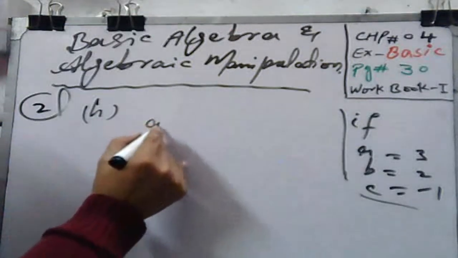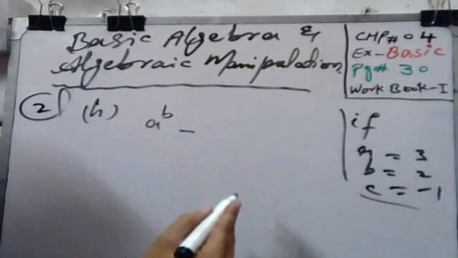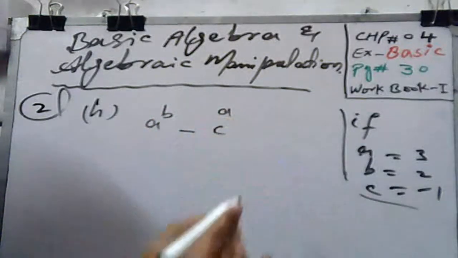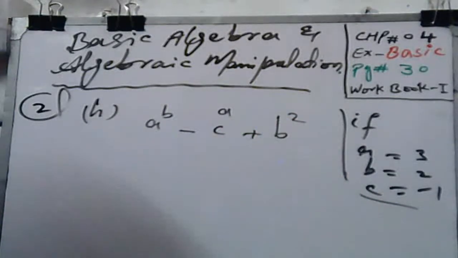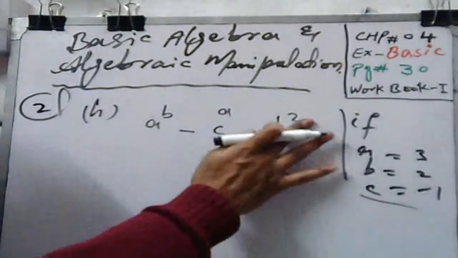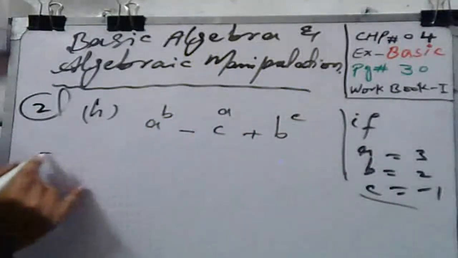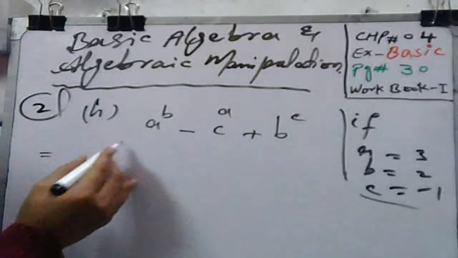So you can say that the b power c. Okay, putting the values, the a is 3 and having power b 2. Similarly, c is -1 having power a, the value of a is 3. Similarly, b is 2 having power c, that is -1.